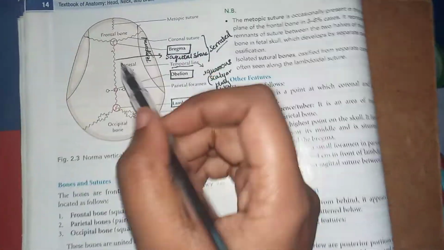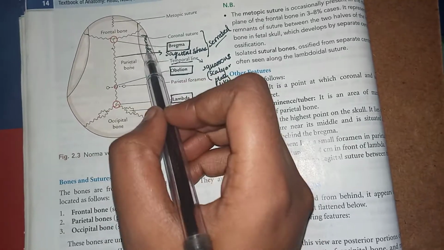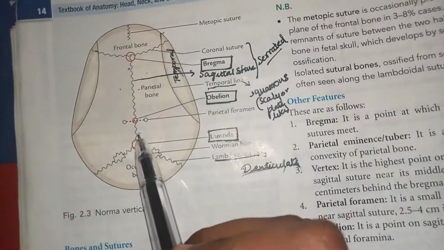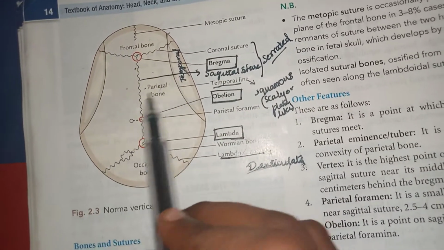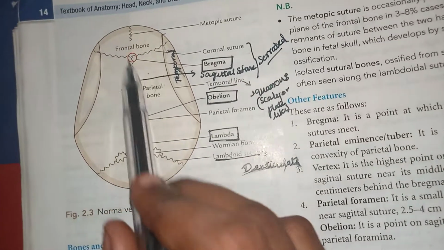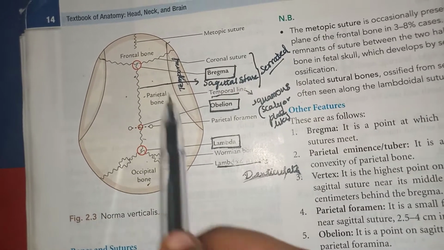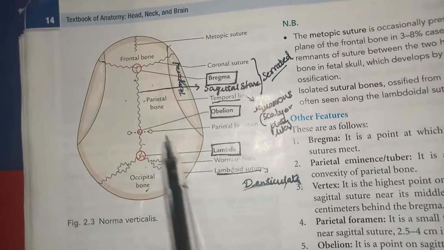Then we have the 2 parietal bones next to the frontal bone, and then we have the 1 occipital bone and the 2 temporal bones. The temporal and parietal bones are paired bones, and the frontal and occipital bones are single unpaired bones. Here we have the sutures present.